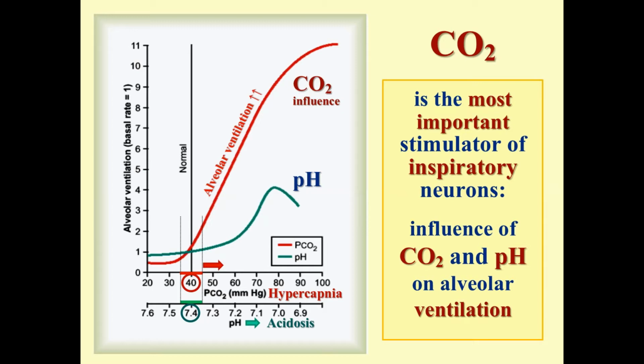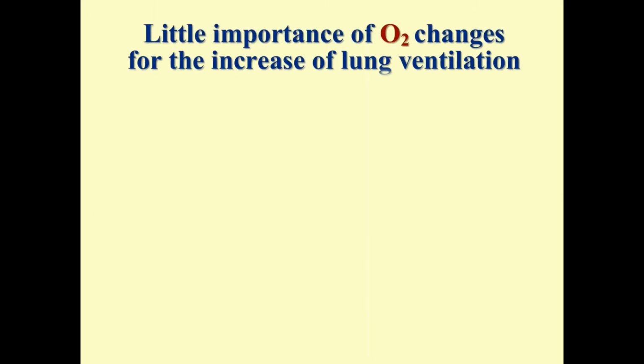Within the normal range, the alveolar ventilation changes more than twice. From minimal normal level up to maximal normal level, there is a great change of alveolar ventilation. It increases seriously, even within normal values of pCO2, more than twice.